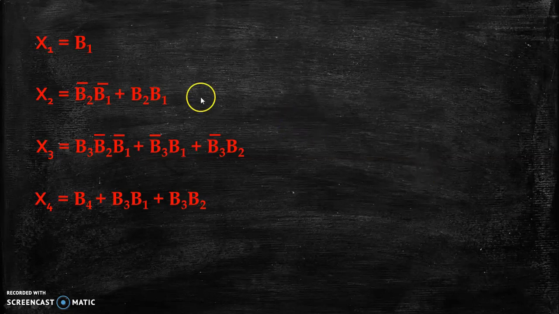As the Boolean functions are in SOP form, we require AND gates to implement the products and OR gates to implement the summation of the products. We have 4 input variables, B1, B2, B3 and B4. We use the NOT gate to get B1 bar, B2 bar, B3 bar and B4 bar. So now let us start implementing our logic circuit.